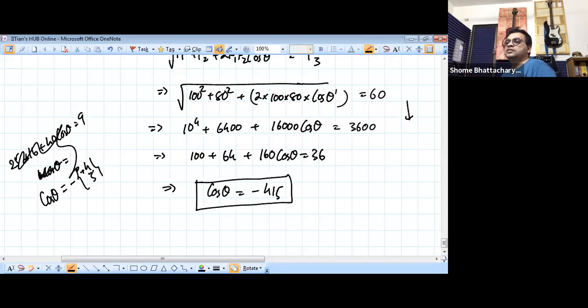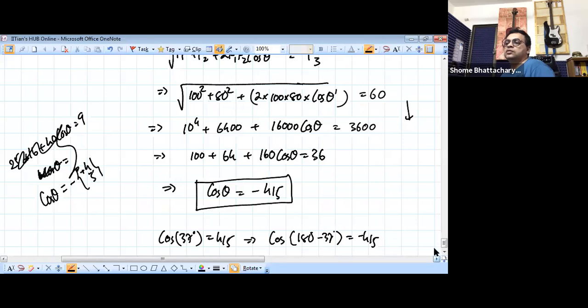So that means theta is an obtuse angle. So you can see that cos of 37 degrees is 4/5. Therefore, cos of 180 minus 37 will be minus 4/5.